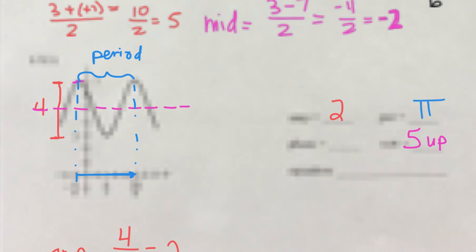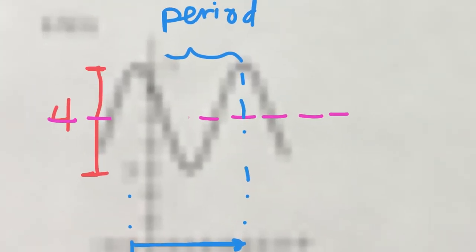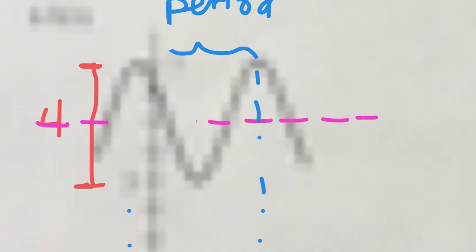Now let's look at our phase shift. Just for fun this time, let's call this a sine graph, although we could very easily make it a cosine graph also. But let's start with a sine graph. Here it would be a 0 for your sine graph. So how far has your sine graph been moved away from its normal position, which would be where the midline crosses the y-axis?